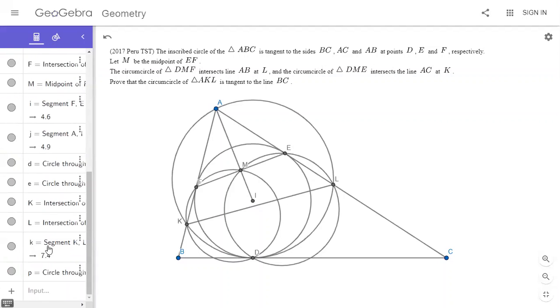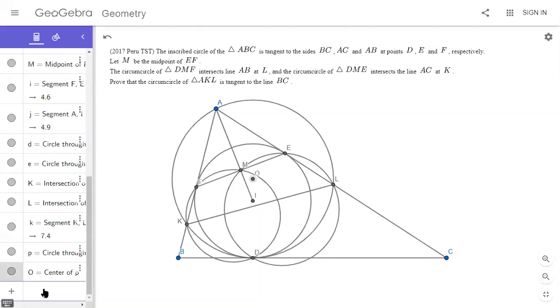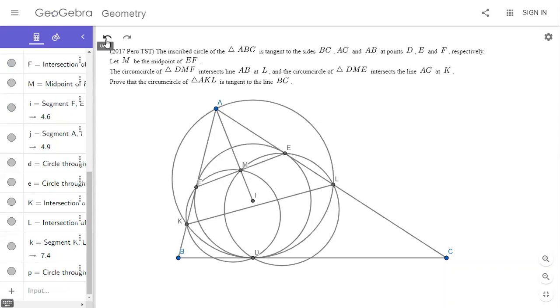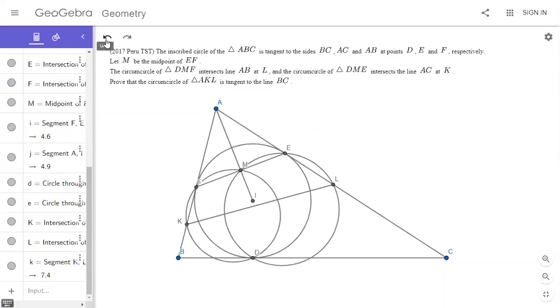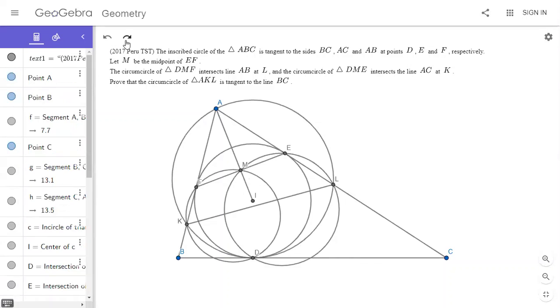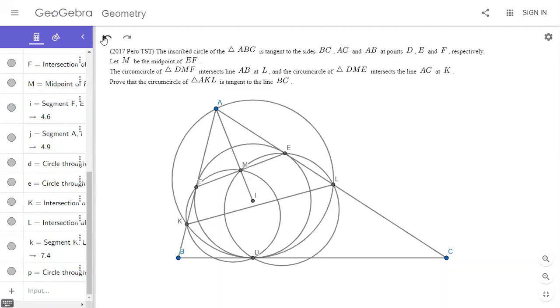I'll say O is the center of it. Basically O would have to be on ID if those were actually tangent. All right. So no, M isn't the center of that big circle.